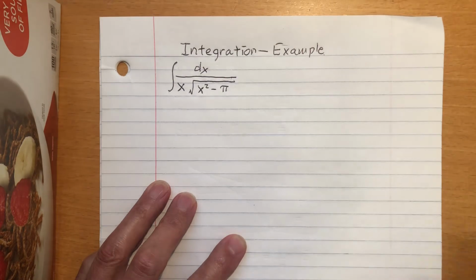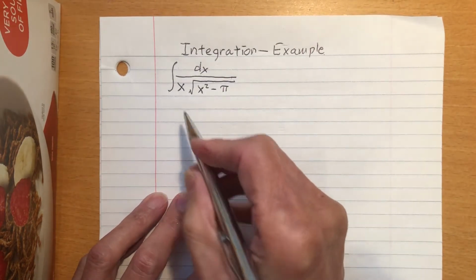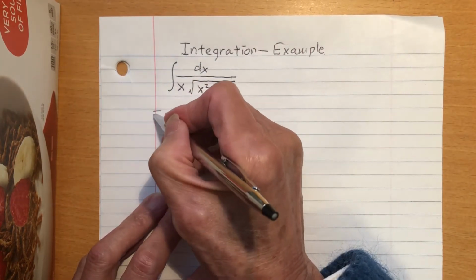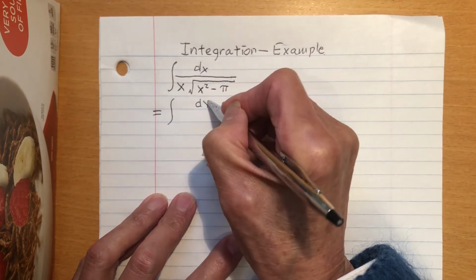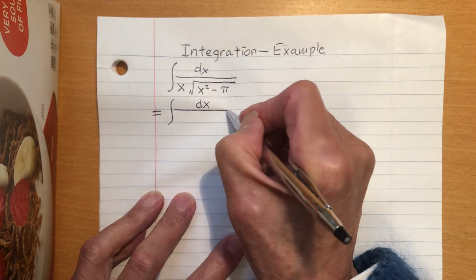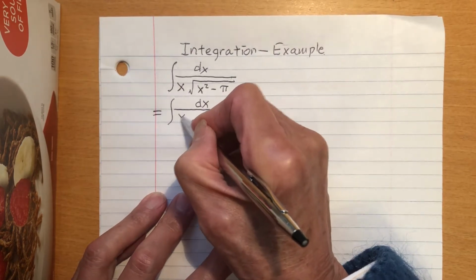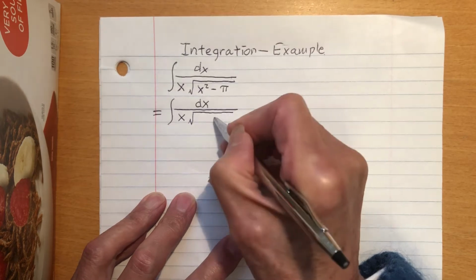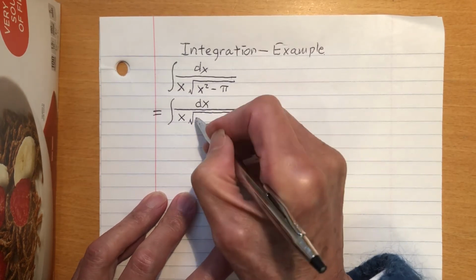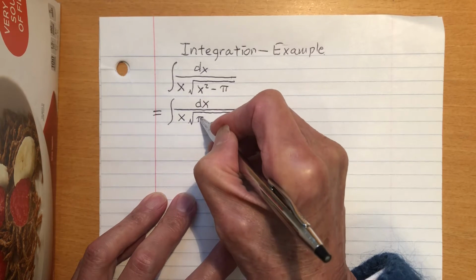So this is my integration. First step, I factor out the pi inside the radical sign, like this.